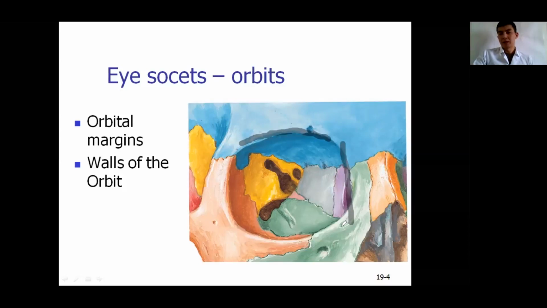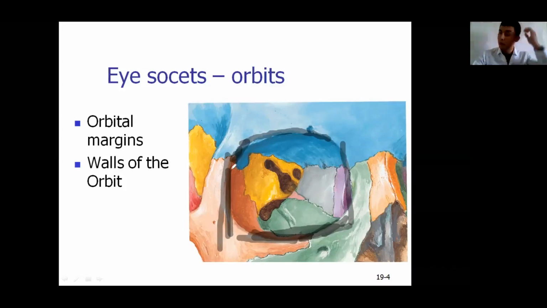The inferior margin is formed by part of the maxilla and the maxillary process of the zygomatic bone. The lateral margin is formed by the frontal process of the zygomatic bone and the zygomatic process of the frontal bone. So it was four margins, and this region corresponds to the base of the pyramidal shaped orbits.